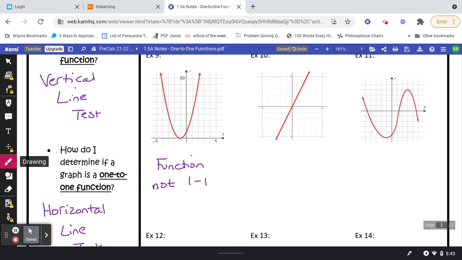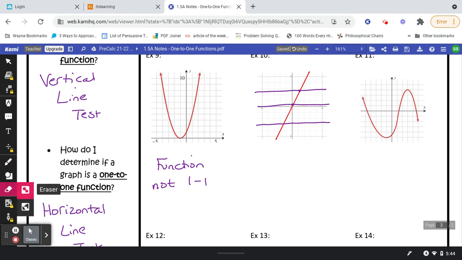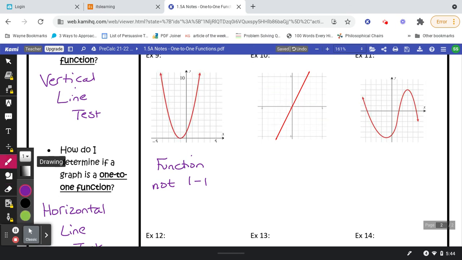The next one, vertical line test. Anywhere I draw only touches the graph one time. So it is a function. We'll check if it's a one-to-one function. Just touching it once, just touches once, just touches once. So this one looks like it passes both tests. This is a one-to-one function.